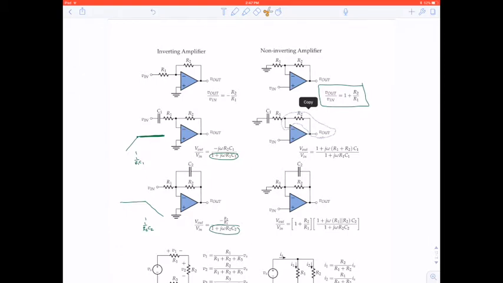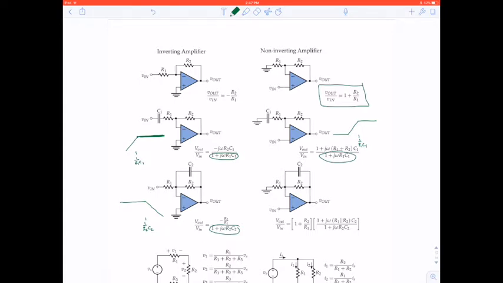So at low frequency the gain is 1, and at high frequency the capacitor becomes a short and it becomes the non-inverting configuration. Its frequency response looks like this, and the corner frequency, set by the pole, is 1 over R1 C1.